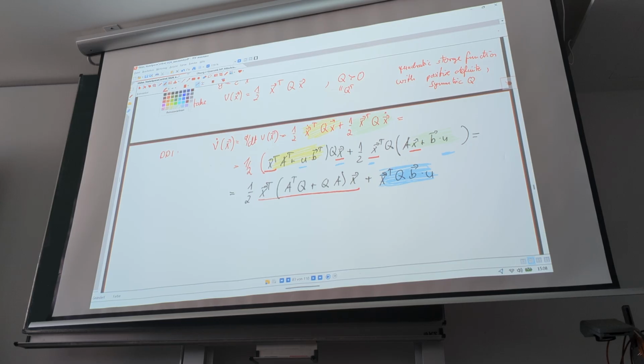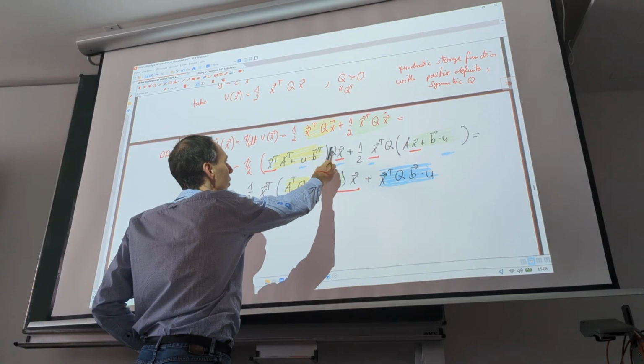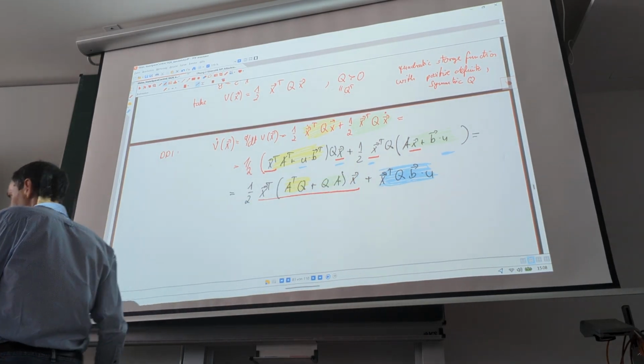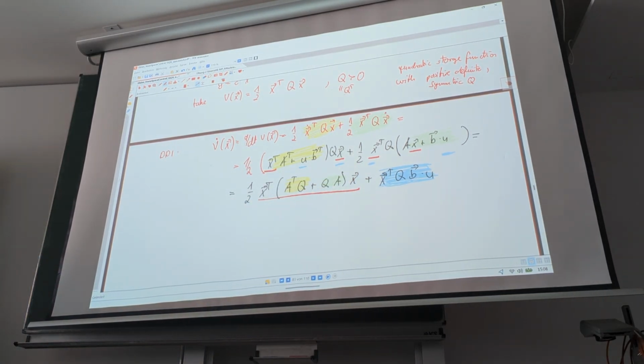In the red part I have something from yellow and something from green, and as mentioned, the blue part coalesces because these are scalar quantities. If it is expressed in terms of MIMO systems, then I can still merge it because of the identity. I still get the scalar.